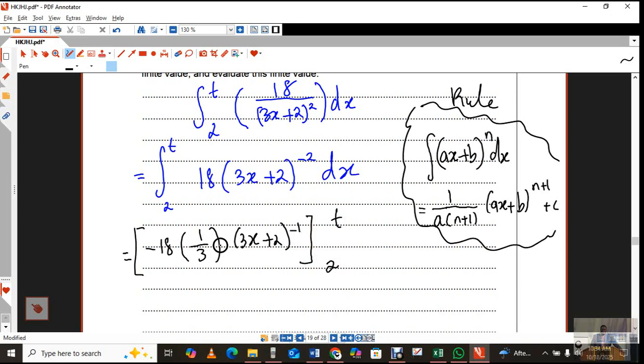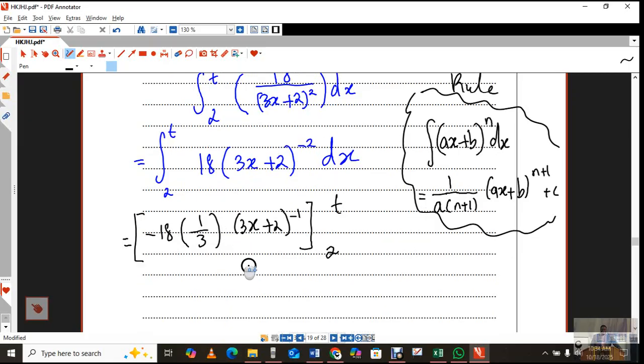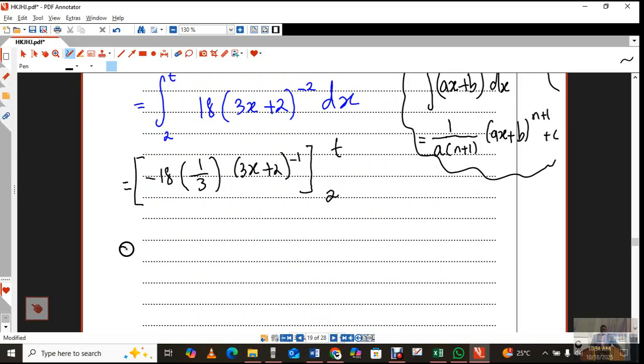Before I substitute my limits, I must just quickly clean this up. It's totally up to you, but I believe it looks a little better. So this is negative 6 times (3x plus 2) to the negative 1. Perhaps you can also write that as a fraction, which will make it a little easier: negative 6 all over 3x plus 2.